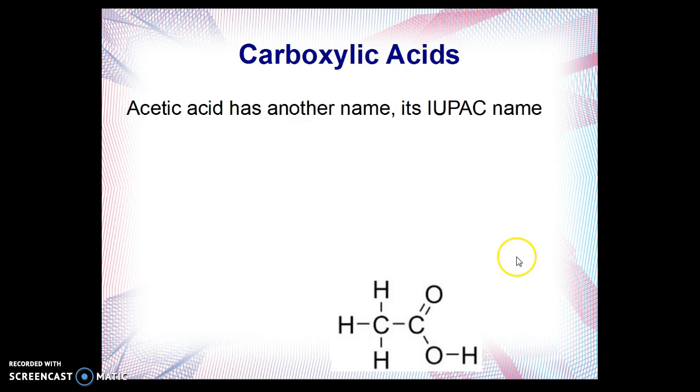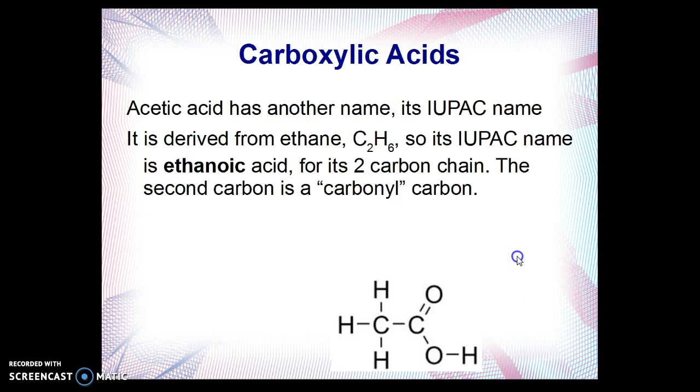Acetic acid has another name, the IUPAC name. Since it's derived from ethane, the 2-carbon alkane, its IUPAC name is ethanoic acid. The 2nd carbon, of course, becomes the carbonyl carbon.